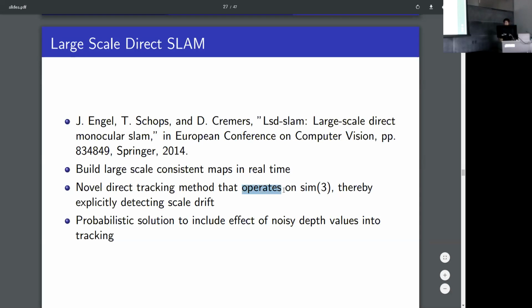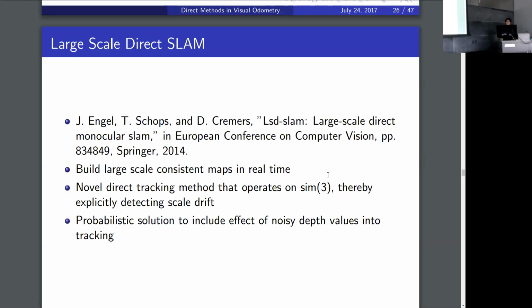Instead of operating on SE3, it operates on Sim3, which is basically trying to optimize for the scale in the optimization problem, explicitly protecting against scale drift.